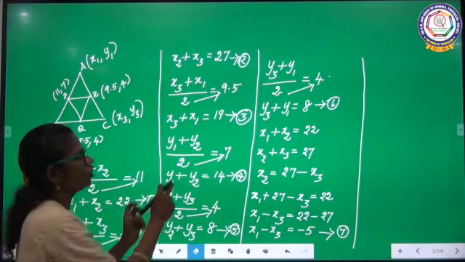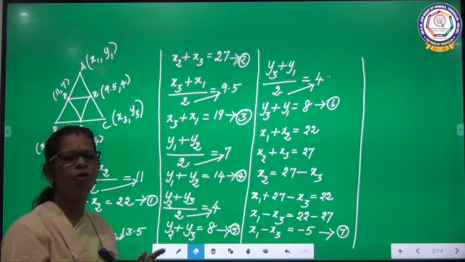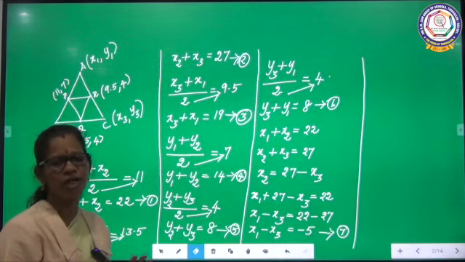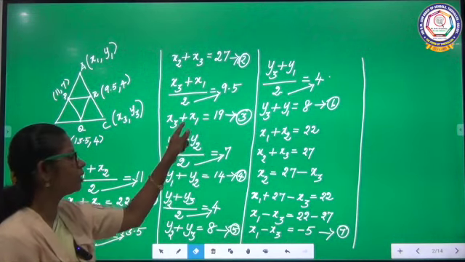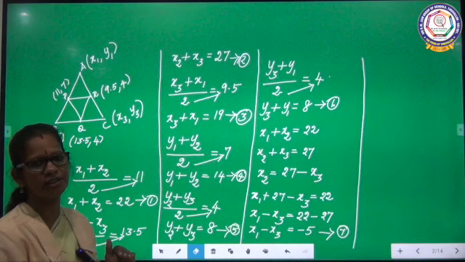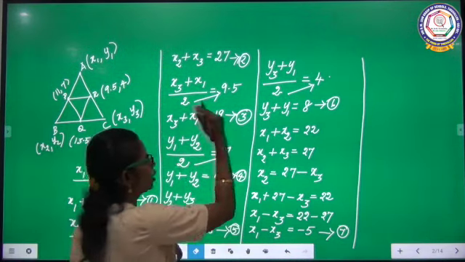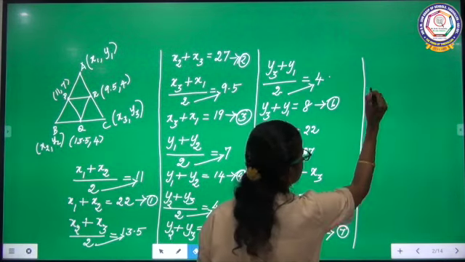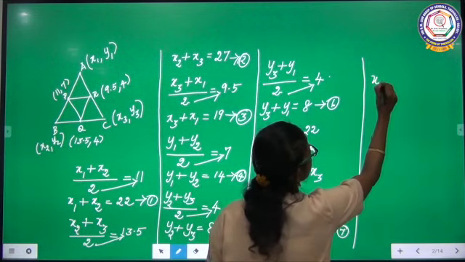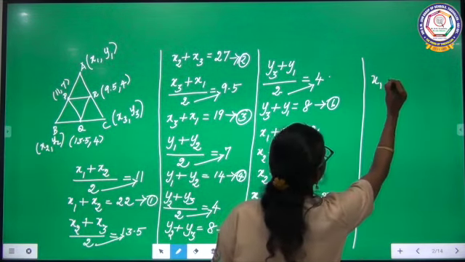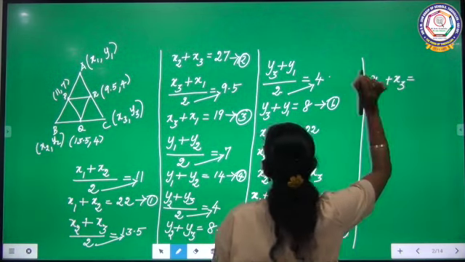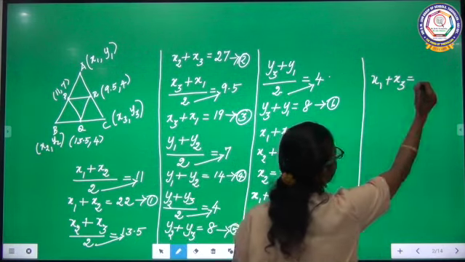Because it is an addition, I am going to apply the commutative rule. Commutative in the sense, or if you want interchange, 2 plus 3 equal to 3 plus 2. The same thing I am going to do here, because here I have x1 as the first term.